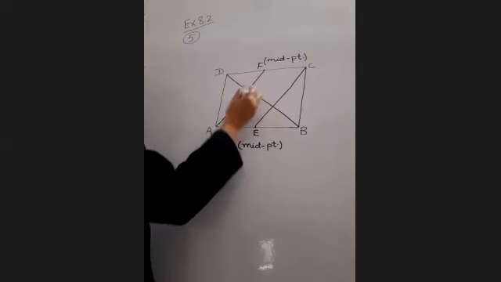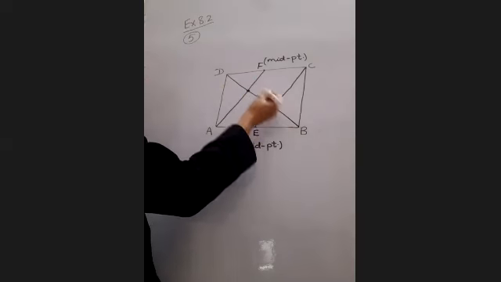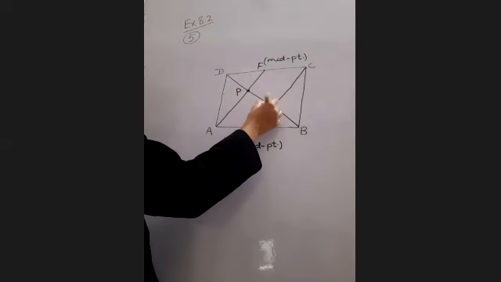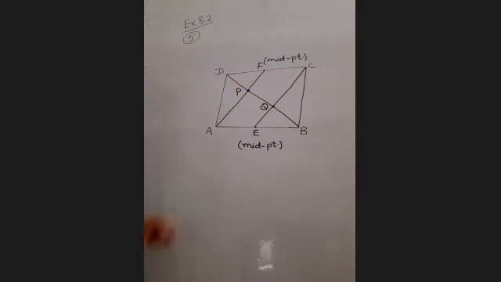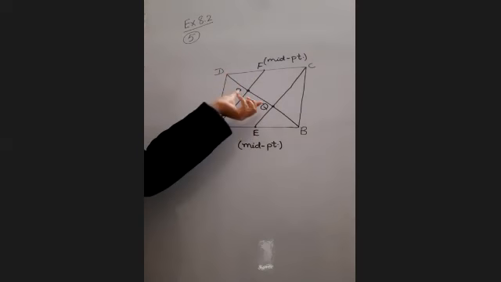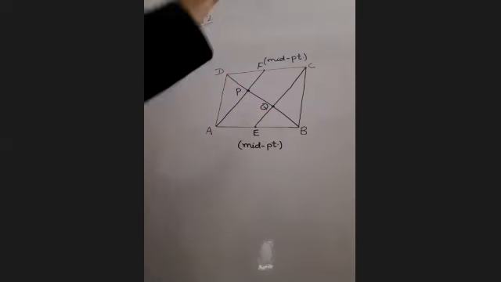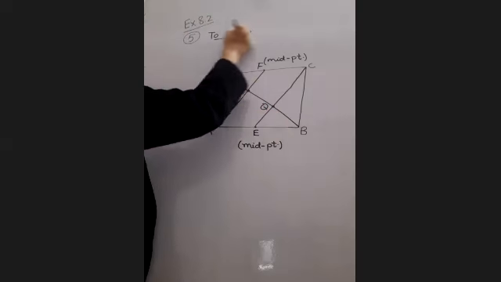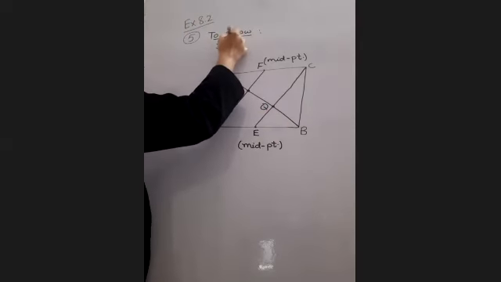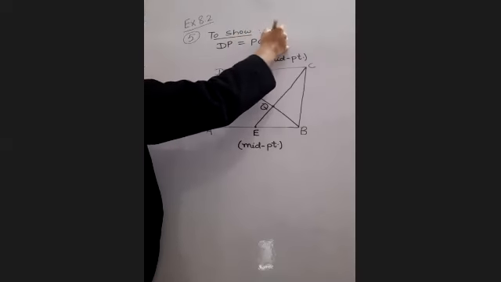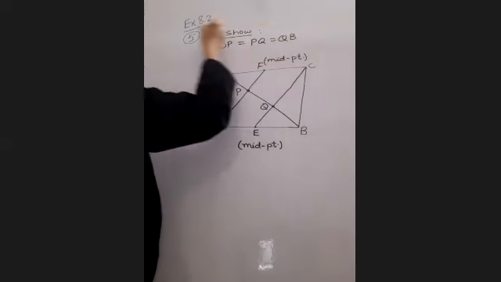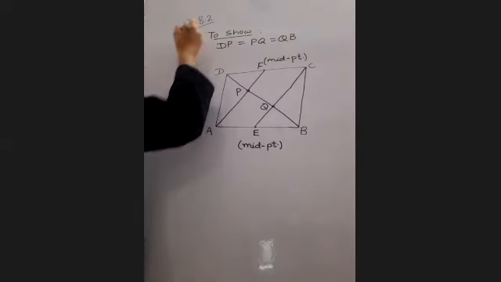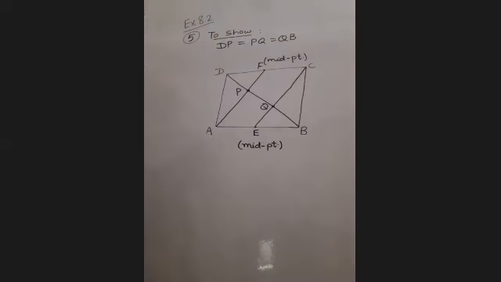So trisect BD means let us mark these points as P and Q. So we have to show that DP is equal to PQ is equal to QB. This is what we need to show.